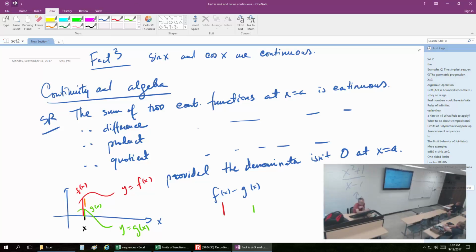This is the difference. The difference is every time the height.